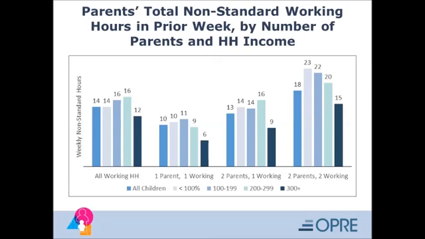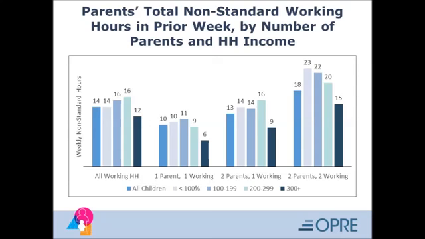non-standard hours. And here we see that, for example, across all children 0 to 60 months who are in working households, so who have at least one working parent in the reference week, across all children, they experienced 14 hours when at least one parent was working during a non-standard hour.